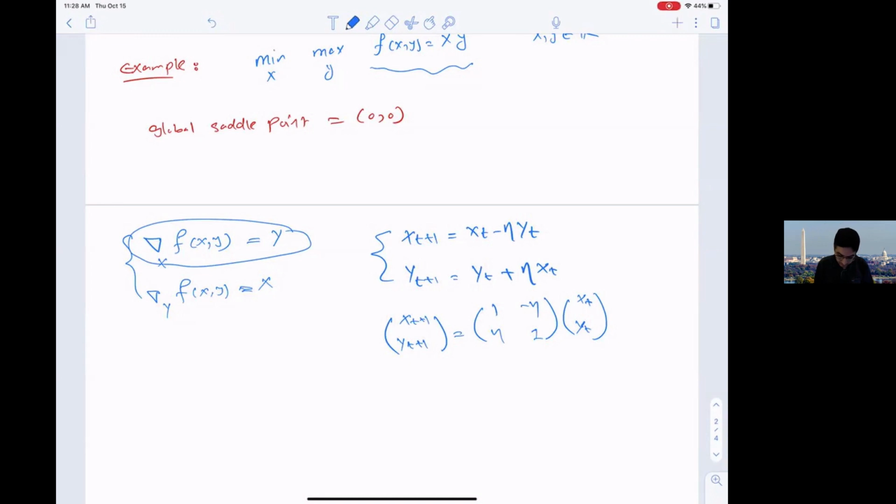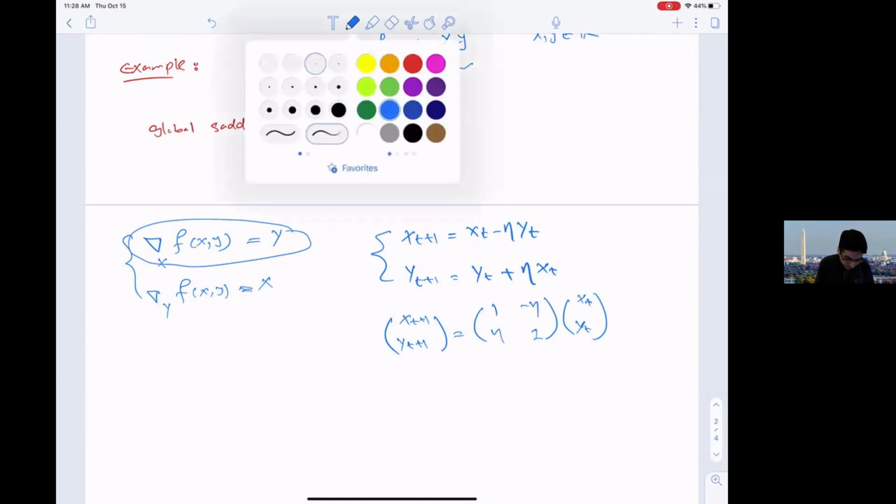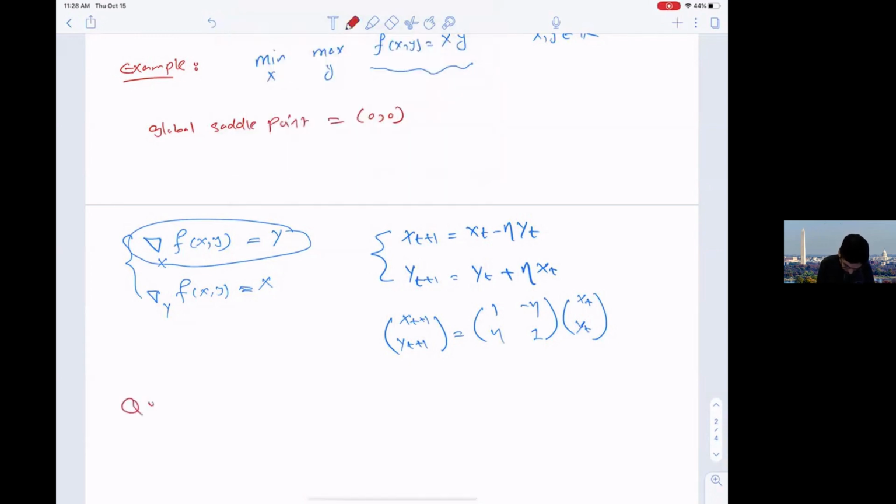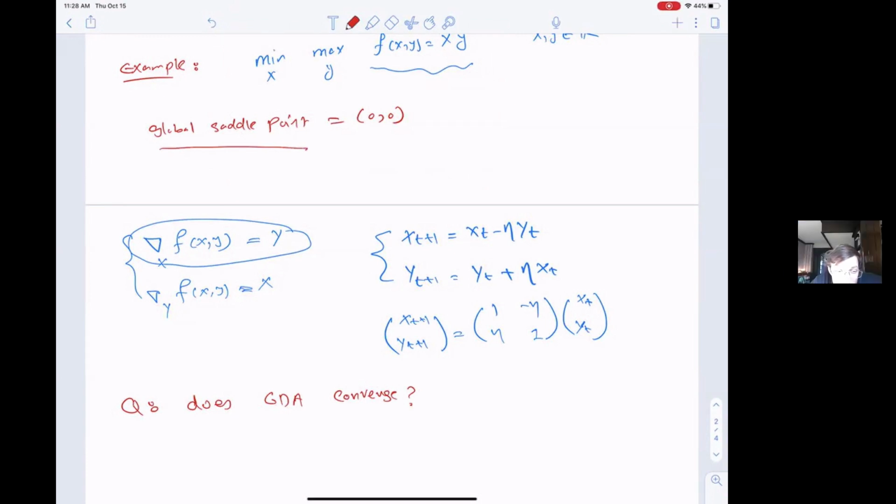Right? So question, in this case, does GDA converge? Say if I continuously apply this update, would I converge to a particular point? Specifically, I want to see if I would converge to my global saddle point. Is the step size fixed?